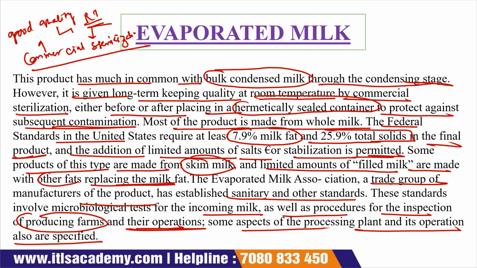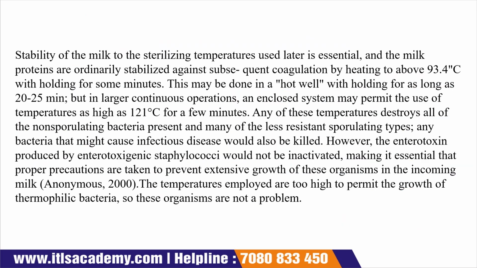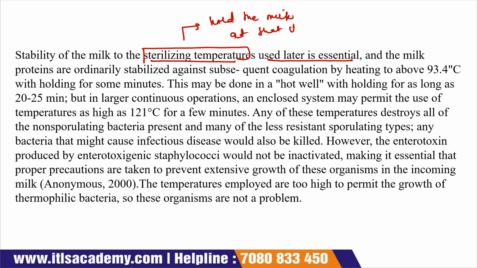Now the next is the stability of the milk to the sterilization temperature, which is used later, and it is very essential. Suppose that when we have a sterilizing temperature, then we have to hold the milk at that temperature. It is very important.